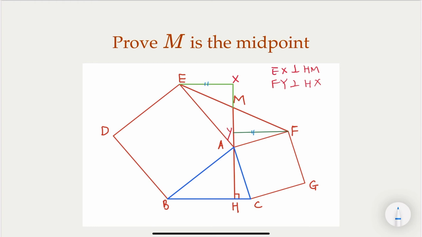So here I claim that I have a congruent triangle here, that is, I claim that triangle FAY is congruent to ACH. Why?